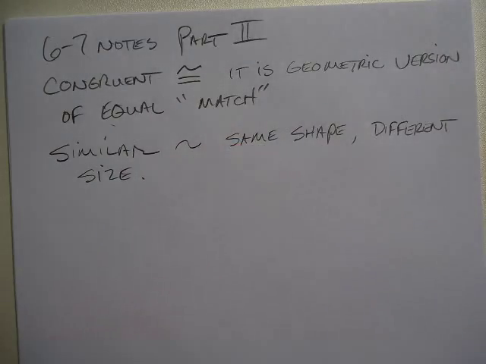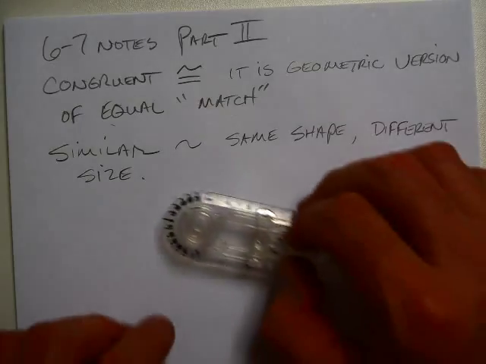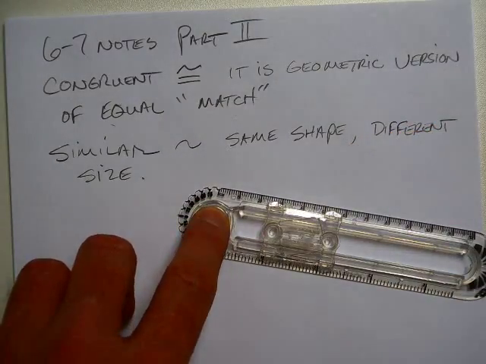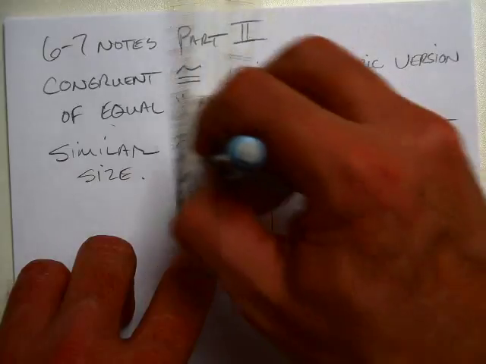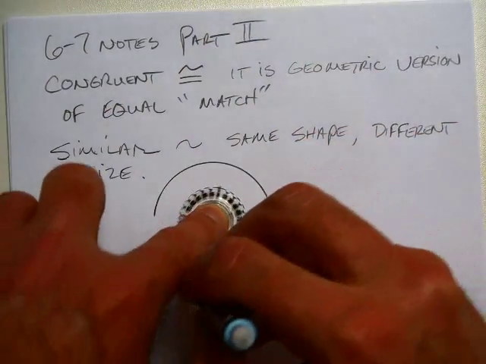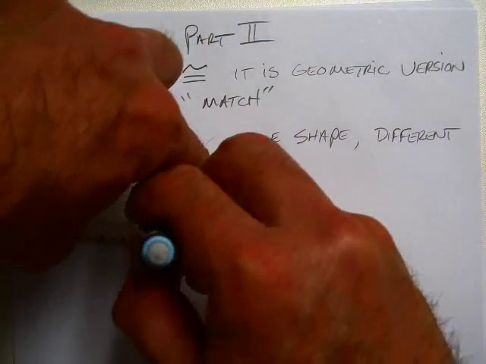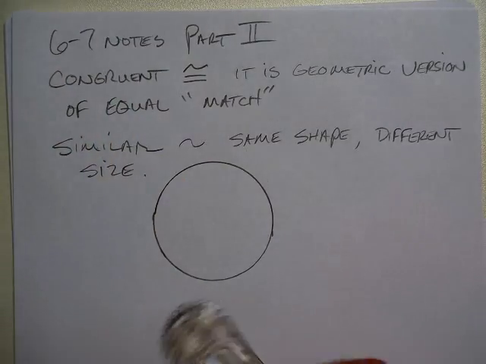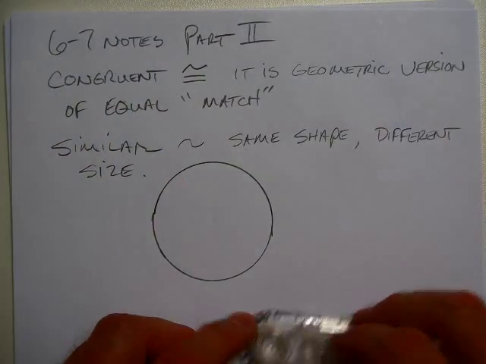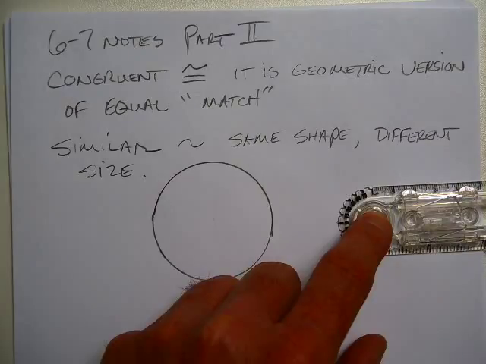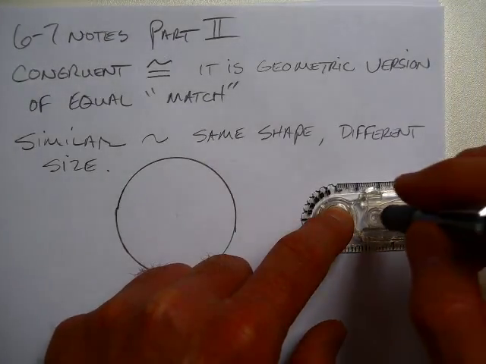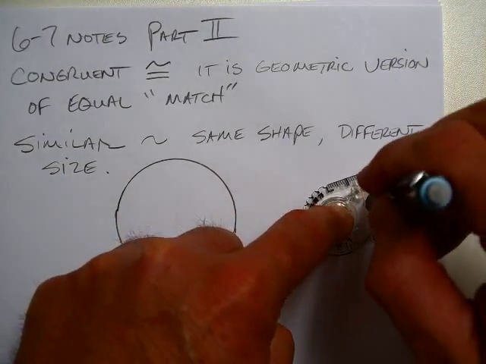So similar is the same shape, different size, and that can be modeled really easily with a circle. Any two circles are similar. Some circles are congruent. So if I make a circle, and then I make another circle, yeah, Eric? Yes, correct.